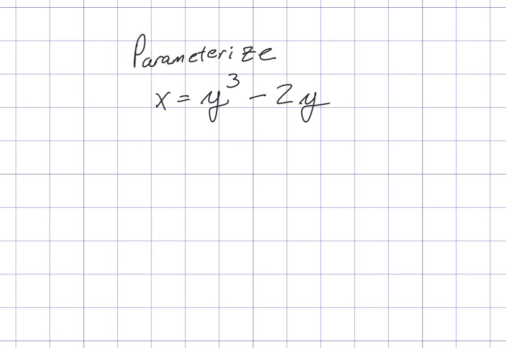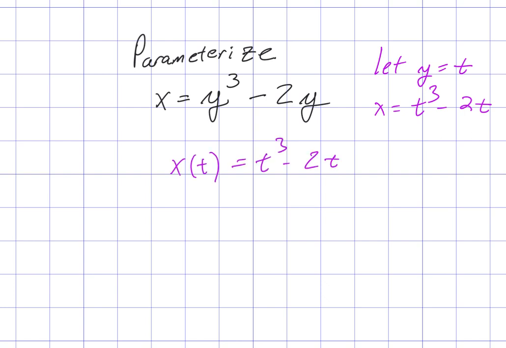I could say let y equal t. So then I would have x equals t cubed minus 2t. So x of t would be t cubed minus 2t, and y of t is t.